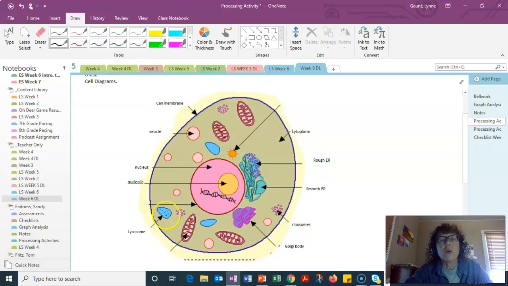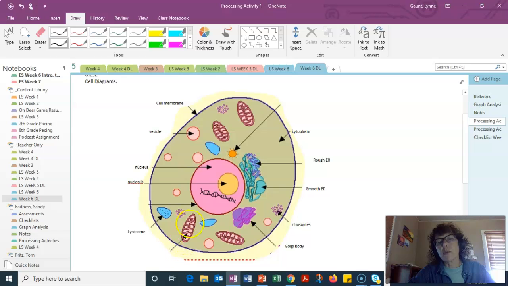A lysosome, which looks a little bit like a vesicle, would come and enclose the garbage that needs to be taken out. It would wrap around it and suck it inside and break it down. And then it may take it to the edge of the cell and push it out of the cell.